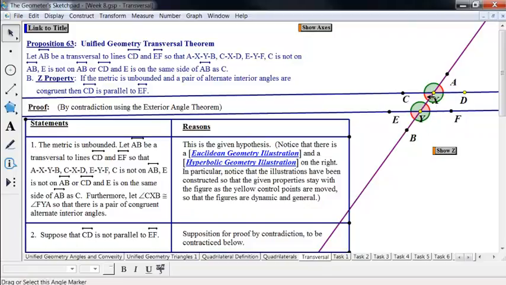And so what we're going to assume is that these angles right here and here, that is angle CXB, is going to be congruent to this angle, that's the one right here, which is the angle AYF, or FYA. Now this is called the Z property sometimes.